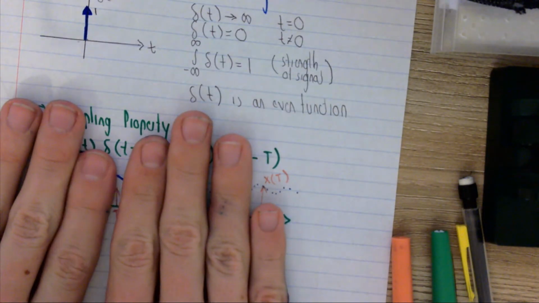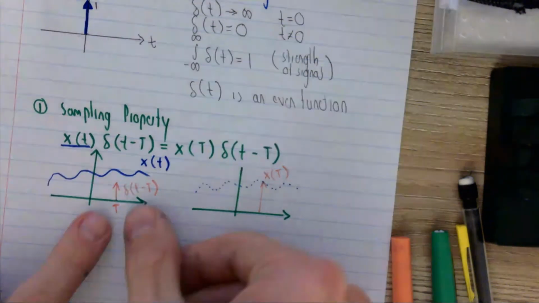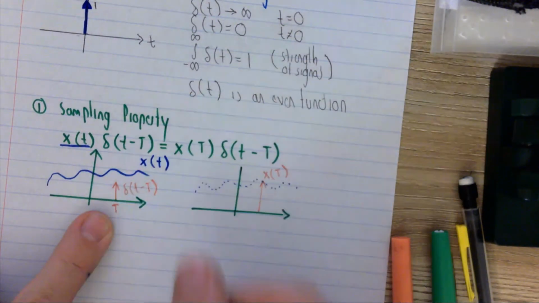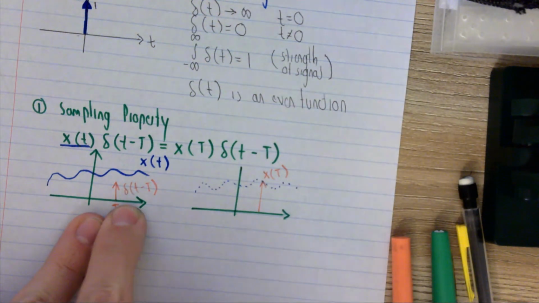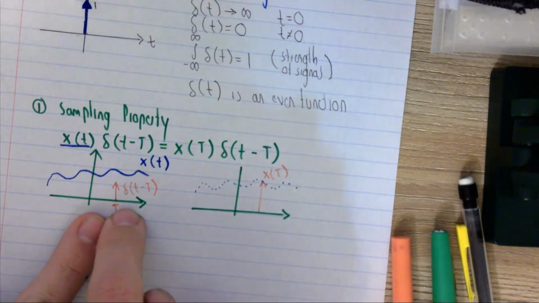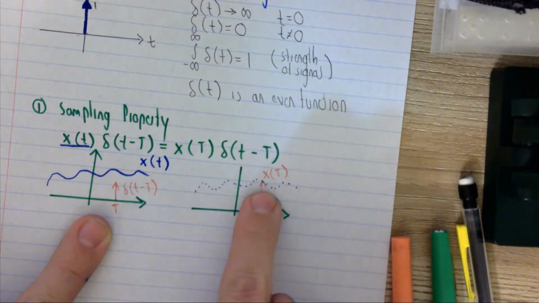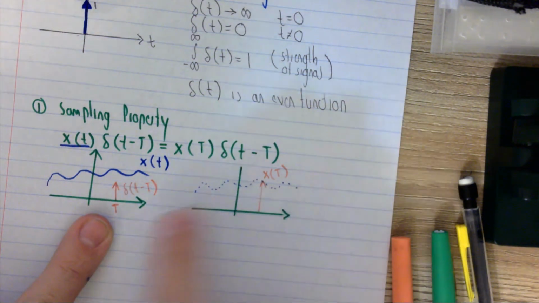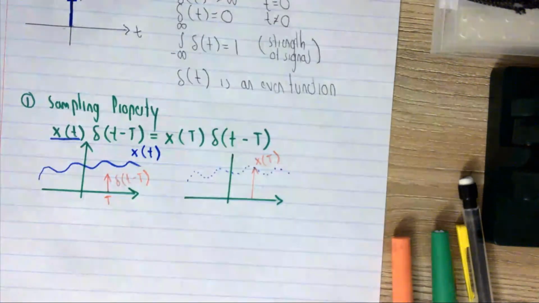Anywhere else it doesn't occur, so everywhere else the signal multiplied by it is going to be 0. Remember, this delta function has a strength of 1, so that strength is going to be multiplied by the point where it's at. It's going to produce x of large T, the point where it occurs, and this represents the strength of the signal at that specific moment.